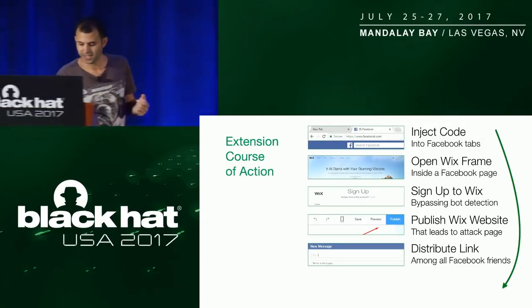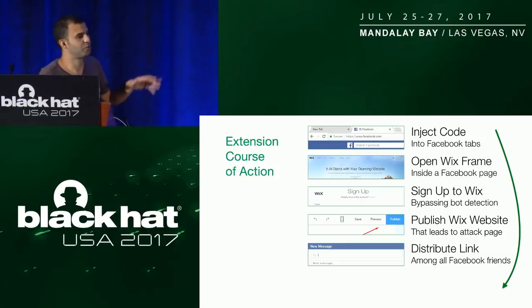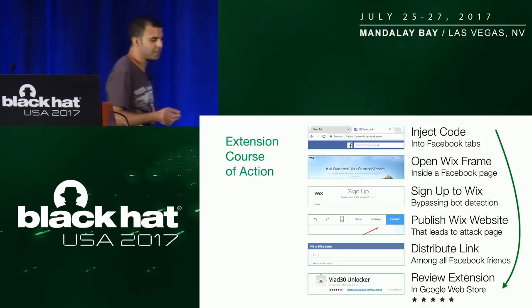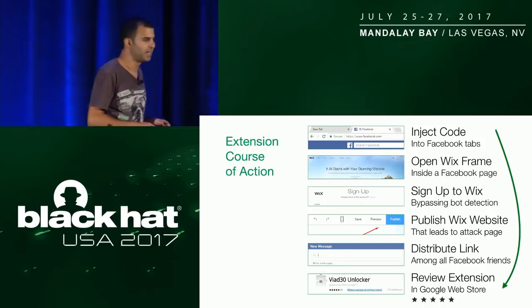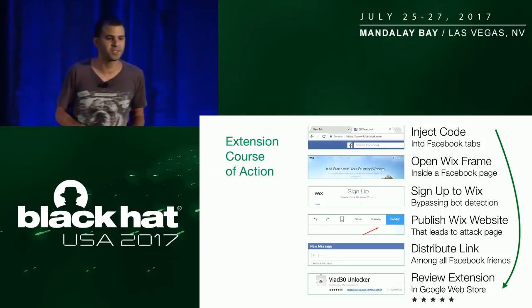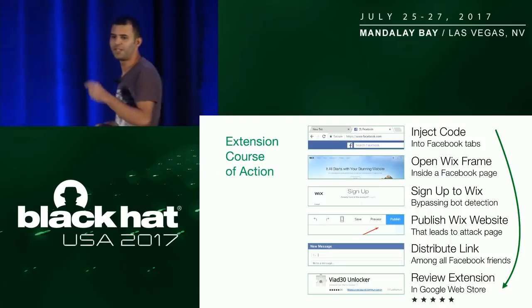The last thing the extension does after this distribution phase is, using the victim's Google authorization token, submit a 5-star review of the malicious extension in the Google Web Store.